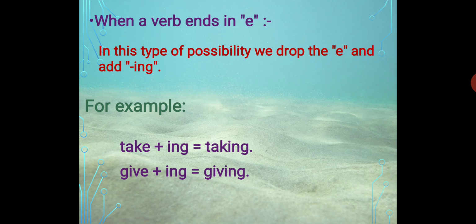Right? The next word is give, giving. Here also the last letter is E. So we remove E and add ing. So what will be the spelling of giving? G-I-V-I-N-G. Giving. Right? Next is write. Here also the last letter is E. So we remove the last letter, E. So what will be the rest of the letters?